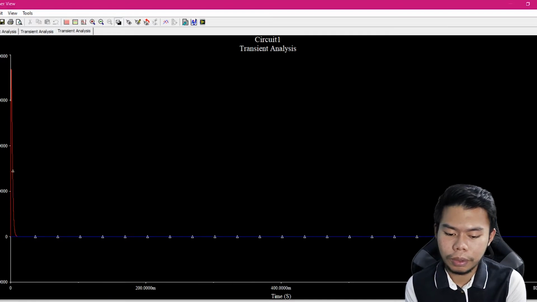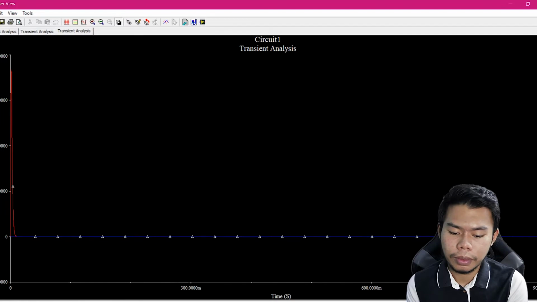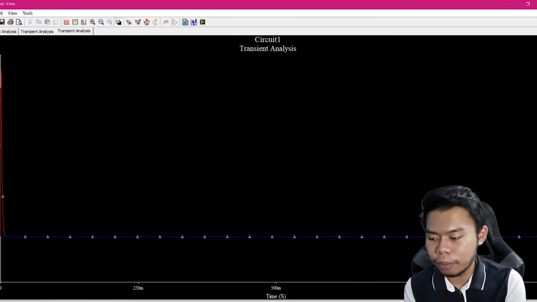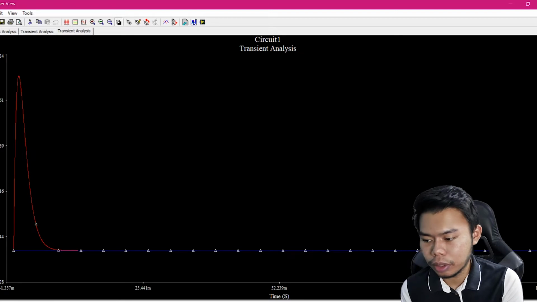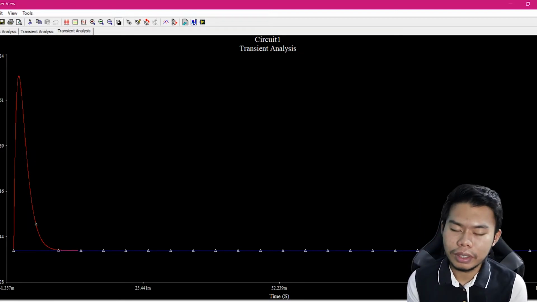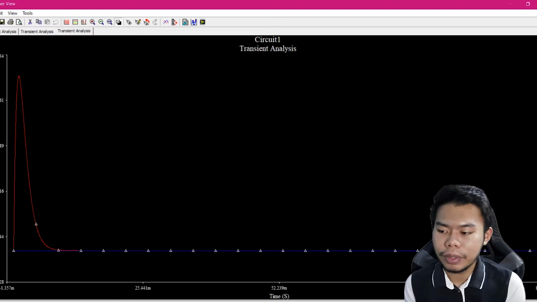Wait a few seconds. Okay, complete. So we zoom to make the analysis. This is the first graph, which is the critically damped graph.